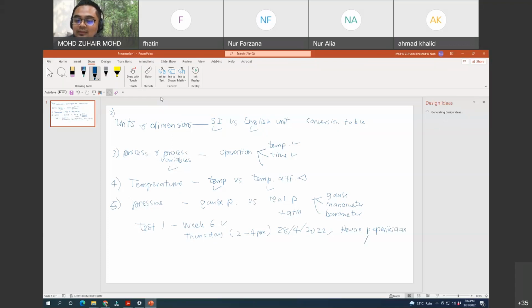I'm so sorry, my handwriting is really hard to read because it's difficult to use this tablet, but I really hope you can understand it. What will be covered by test 1? All of these, including mass balance.